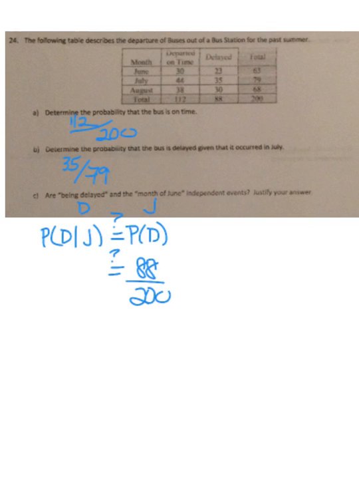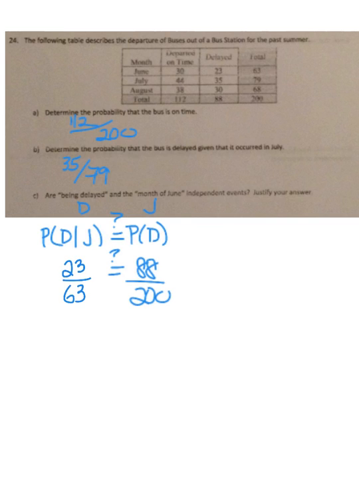So we are just going to be looking at this row of the June buses, and there's 63 total. And of those 63, what's the probability that it will be delayed? Well, there are 23 of those 63 that are delayed. So on the left-hand side here, we're going to have 23 over 63.